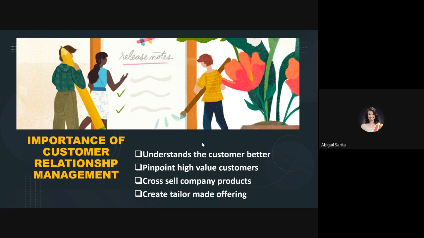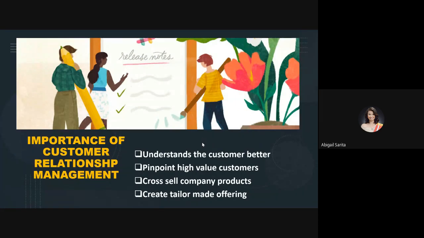And lastly, it create tailor-made offering. Nako-customize nyo class yung ino-offer nyo sa kanilang products and services kasi alam nyo na yung gusto nila, alam nyo na yung mga ayaw nila, so iniiwasan nyo yon. So for example, si Kenneth, tapos si Carlo. Si Carlo, siya yung front desk manager. Magbubook si Kenneth.